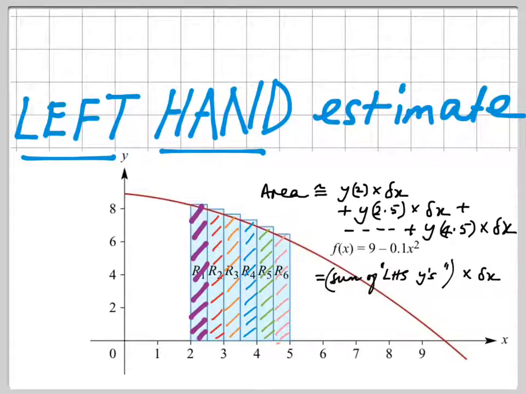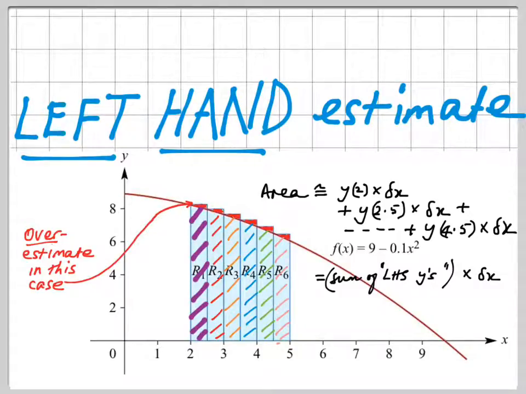That comes to the sum of all the left-hand side y values times the delta x's, and that comes to whatever it comes to, and it's an overestimate in this case, isn't it? You can see the little bits sticking out above the curve of the function, and all those little bits that I've just coloured in are the bits that overestimate the area.